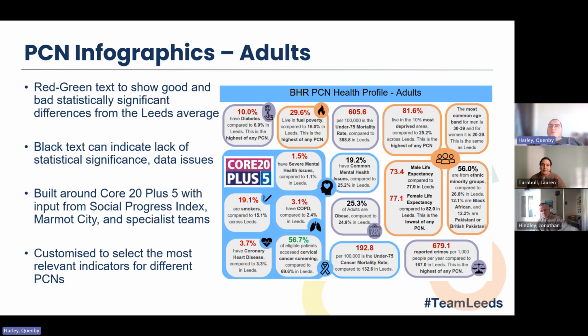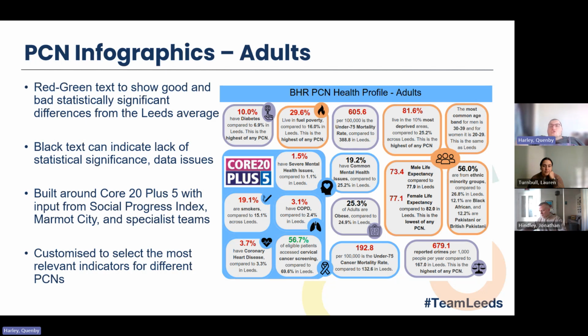For example, we don't want to make a qualitative judgment of a more ethnically diverse area that's not better or worse than the Leeds average. It's just different. We don't want to make that judgment.